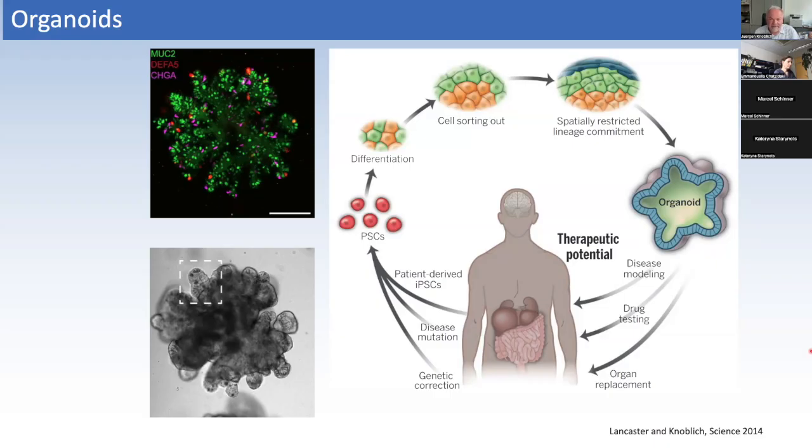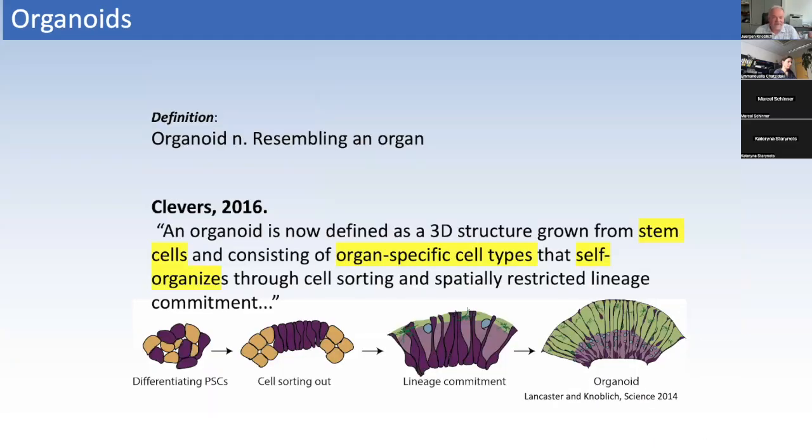But at the beginning of this, I would like to tell you what is the definition of an organoid. There are many definitions in the literature. This comes from the father of organoid biology, Hans Clevers, who wrote a review in 2016, where he defined an organoid as a three-dimensional structure that is grown from stem cells, that consists of organ-specific cell types, which self-organize through cell sorting and spatially restricted lineage commitment.